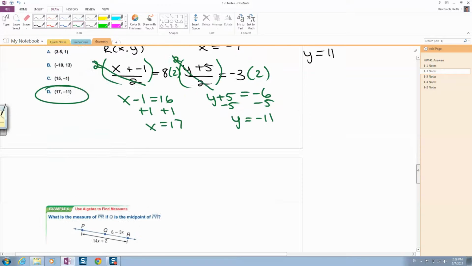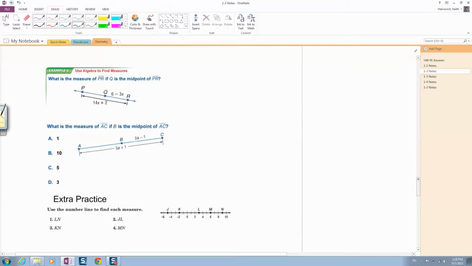Alright, so the next concept is we're using algebra to find the measures. It says, what is the measure of PR if Q is the midpoint of PR? So that means these two are the same, because a midpoint divides a segment into two congruent segments.